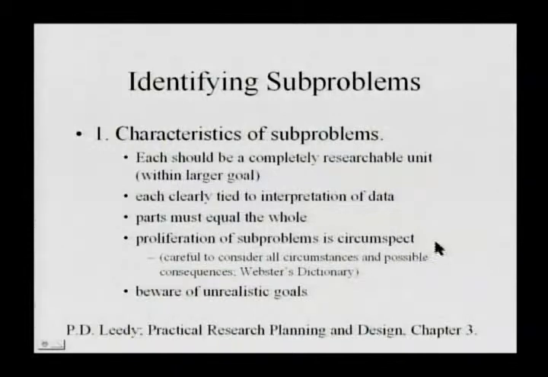Proliferation of subproblems is circumspect, so if you end up with far too many aims, it really doesn't get you to a particular point. It's just hard to believe that so much would need to be done to reach a particular objective. So in other words, not a well-developed research proposal or project.